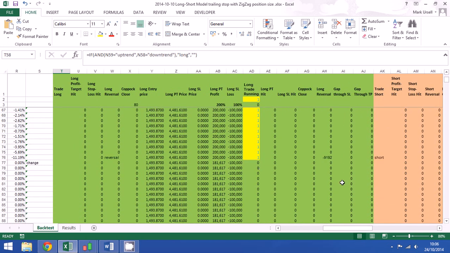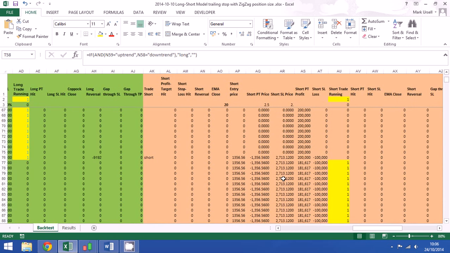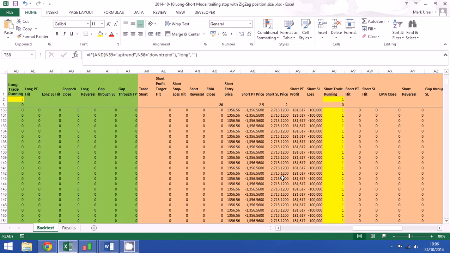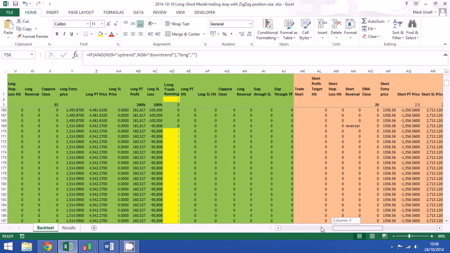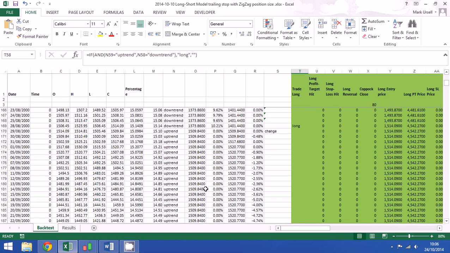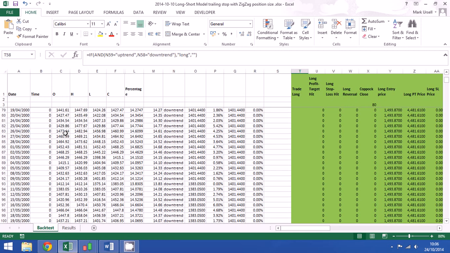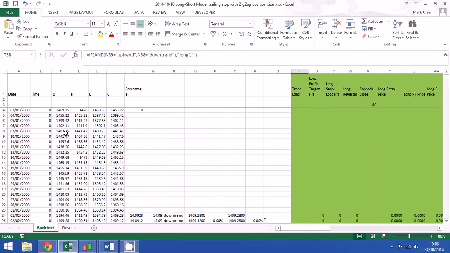We're taking a loss here and we've moved short, gone down, and we're following this all the way along. The data that I'm using is the S&P 500, my favorite stock index for trading, and the data is from 2000 to the present time, which is towards the end of October 2014.